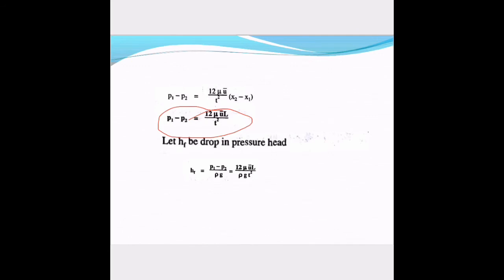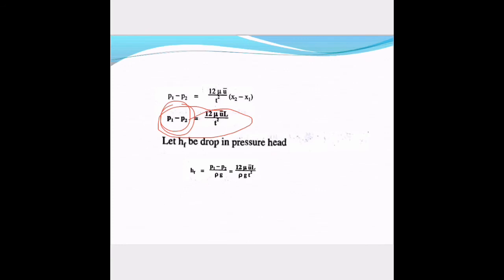So, if we divide both sides of this equation by rho g, then we will get hf equal to, hf is generally denoted as the pressure head. The drop of pressure head is denoted by hf.